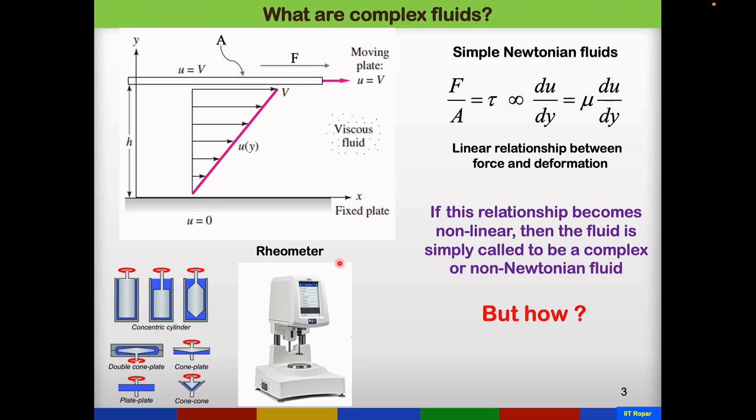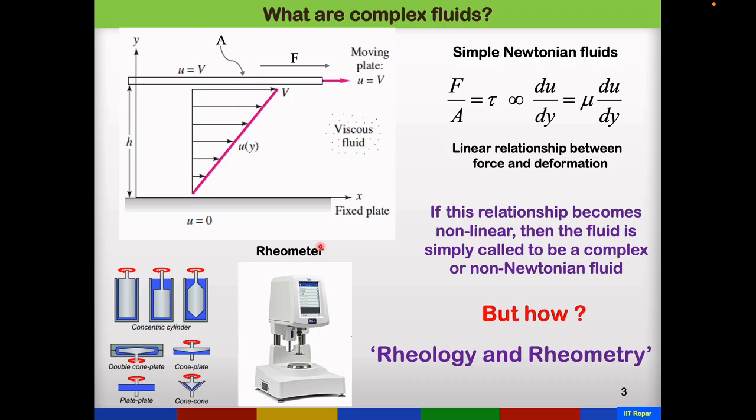You use one instrument which is called a rheometer, where we have different techniques and different setups by which you can determine whether the relationship between tau and du by dy is linear or non-linear. This domain of research is called rheology, the technique that you utilize to establish the relationship is called rheometry, and the instrument that we use is called a rheometer.